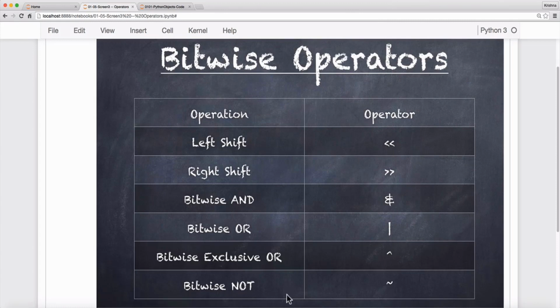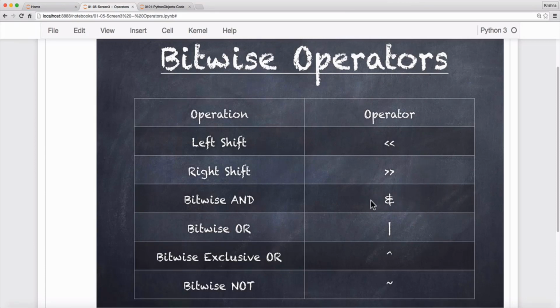The tilde sign is the bitwise NOT operator, and the exclusive OR is a caret sign, and the pipe sign is for bitwise OR, and the ampersand sign is for bitwise AND.